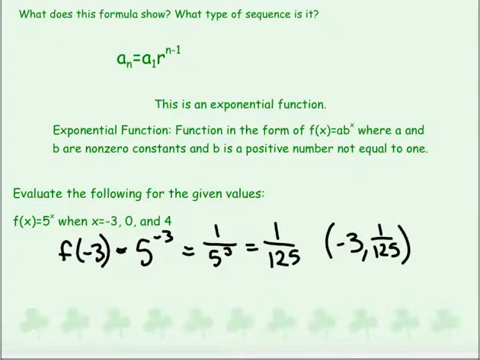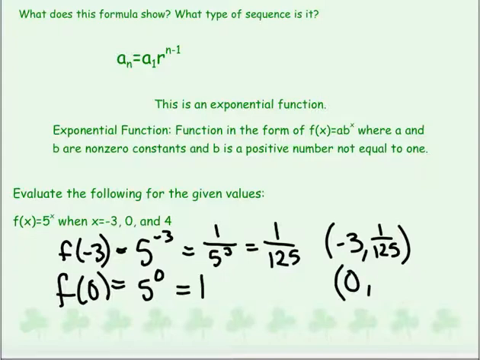We try again with 0, so f of 0 is equal to 5 to the 0 power. Anything to the 0 power is 1, so we have a point at 0, 1. A little hint here, that's your y-intercept. It means that the a value is really important. In this one it's 1.